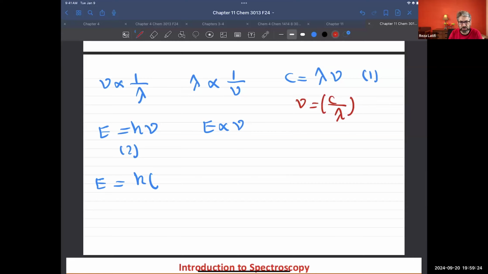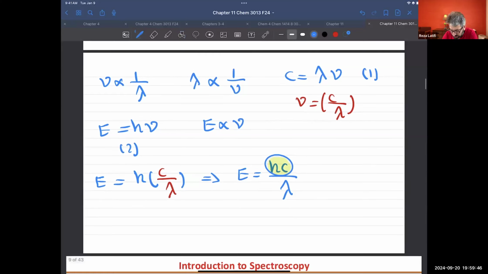So whenever you see nu, replace it by c divided by lambda, and that's going to give us energy equal to hc divided by lambda. Highlight hc. h is a constant number, c is also the velocity of light. So the entire numerator is going to be a constant number. It's not going to change.